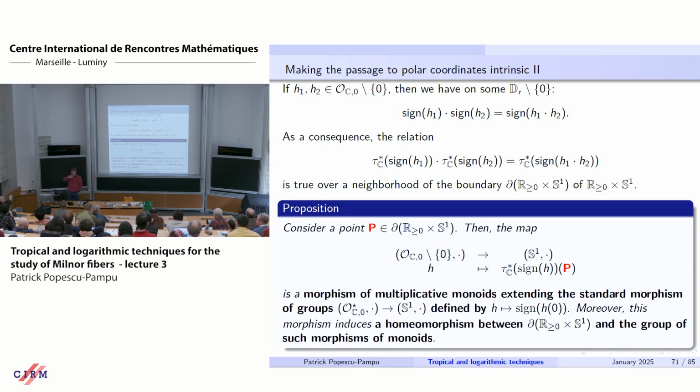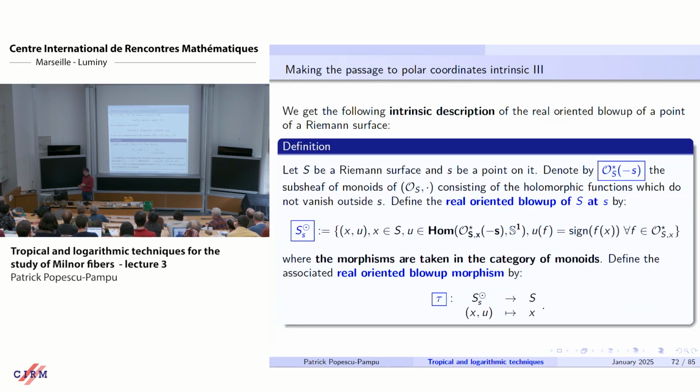Moreover, you see that all such morphisms of monoids are different, and you get all possible morphisms of monoids which extend the usual sign if you look at functions which do not vanish at zero. So we know if it did not vanish at zero, we have the value. The problem is how to extend it. The extension is non-canonical. How many choices do we have? We have a circle of choices. Well, we replace that point by this circle of choices.